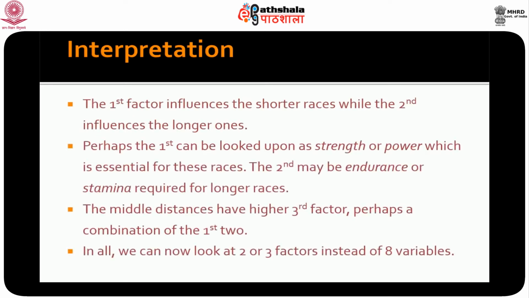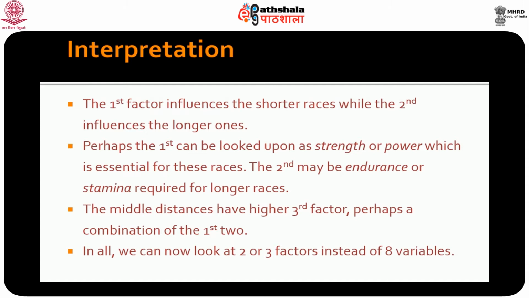It means that now we have the second factor which is more highly loaded towards the longer distance races. Of course, we need to talk to the experts about this, but this clearly indicates that there is some factor which influences the smaller races more and is not so influential for the longer races.